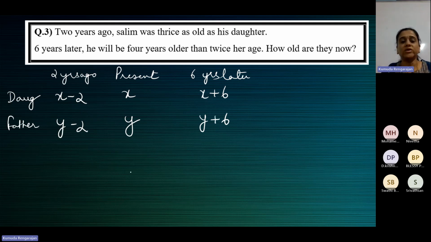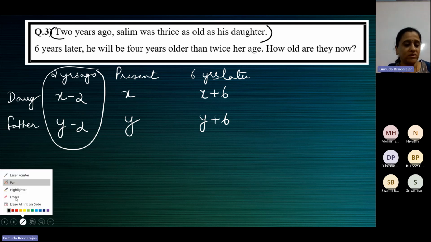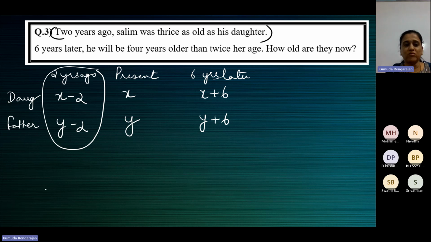Now, 2 years ago. You should use only these ages. See, this information is about their ages 2 years ago. So don't see the other assumptions. What is given? 2 years ago, Salim was. Everything that's in words, you're going to write an expression.